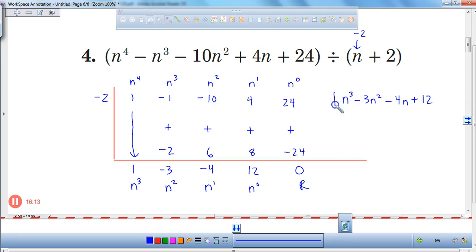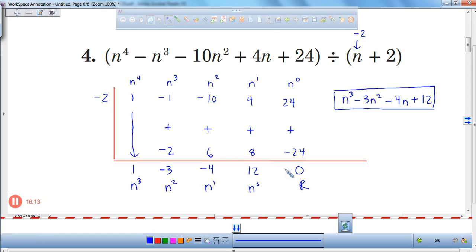And you got a remainder of 0, so you're done. That is your final answer. Now, if you wanted to check this in Desmos, you could type all of this in. You just have to change all the n's to x's, and then multiply this times this, and these two multiplied together will equal that big long polynomial.